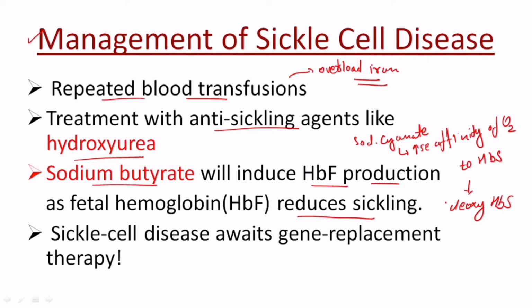So ultimately, our task is to oxygenate the hemoglobin S. So this is how the sodium cyanate performs the work. It increases the affinity of the oxygen to hemoglobin S and lowers the formation of the deoxyhemoglobin S, and therefore no aggregation is formed.